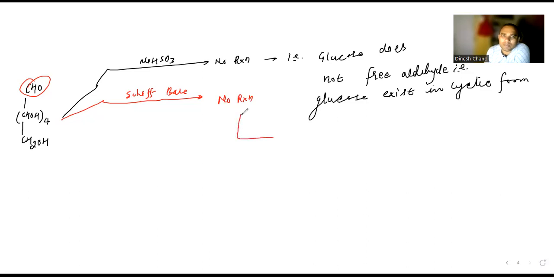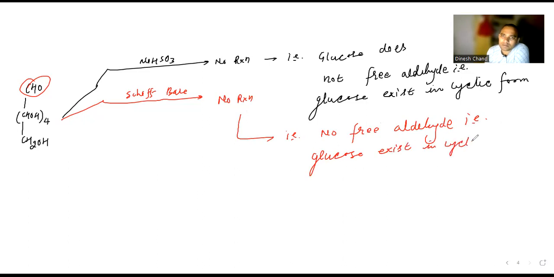So what it is confirming, student, is no free aldehyde group. Glucose is not having the free aldehyde group. That is, glucose exists in cyclic form. Glucose exists in what, student? In cyclic form. This is the case, student.